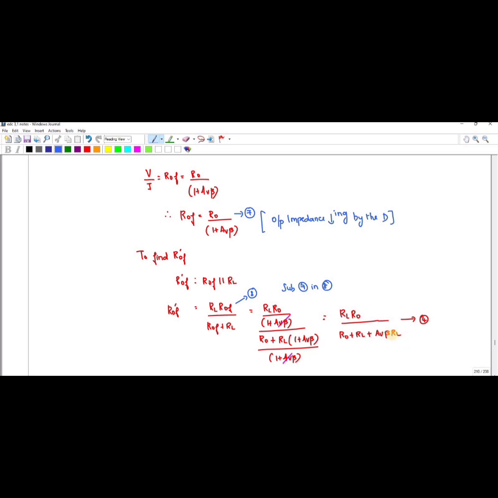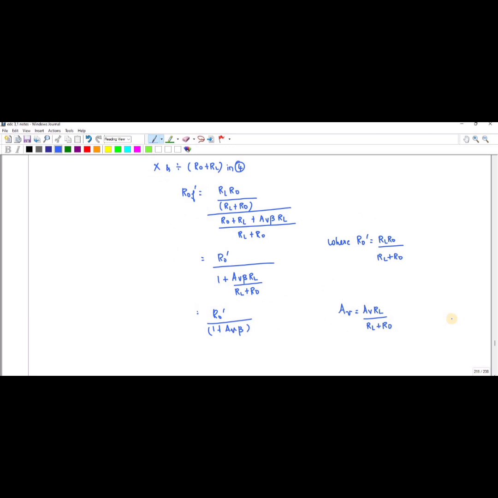Divide both sides by R0 plus RL. Because R0 bar is equal to RL R0 divided by RL plus R0, these two terms get cancelled and you will get 1.